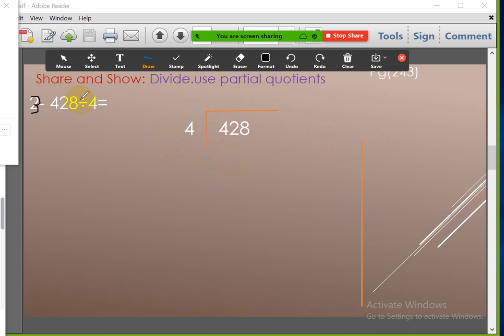Okay, thank you, Zen, your answer is correct. I will take the divisor, which is 4, and Zen told me to take the 100, because look, I have here 400.